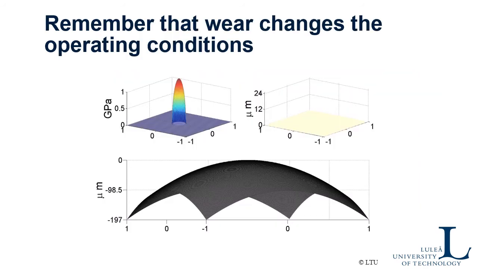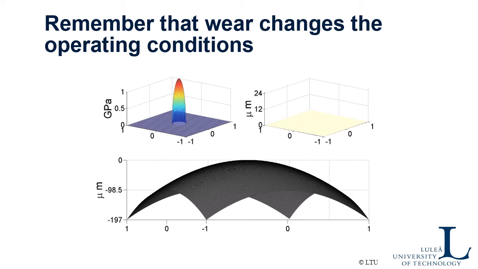And again, remember, I have said that before in the video about the predictions of wear. You must remember that if you have a wear test, for example, a sphere in contact with a flat surface, like the pin on disc configuration I mentioned before, you don't really have a sphere in contact with a disc after some time.